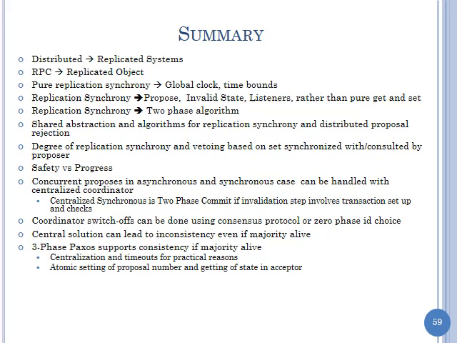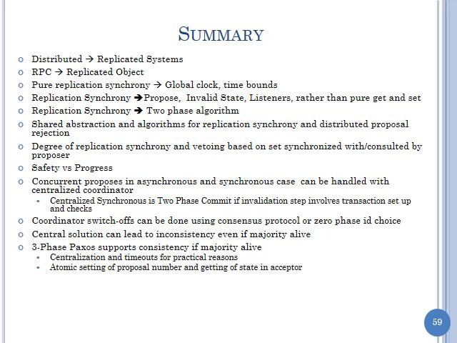Okay? So concurrent proposals was this big problem that everybody was wrestling with. A centralized coordinator solves that problem, but it can fail. If it fails, we can use IDs to do the switchover. Okay? But a central solution can lead to inconsistency even if a majority is alive.